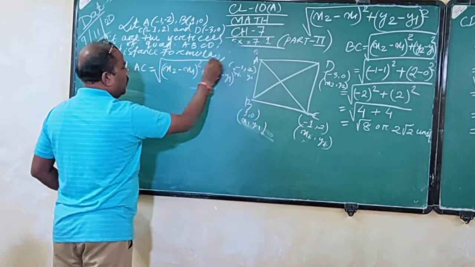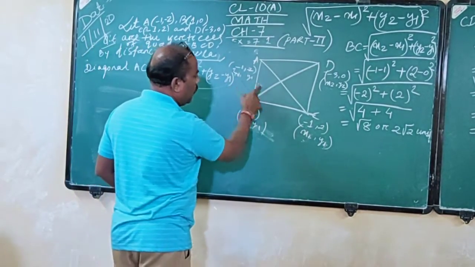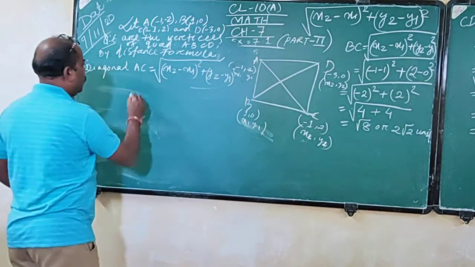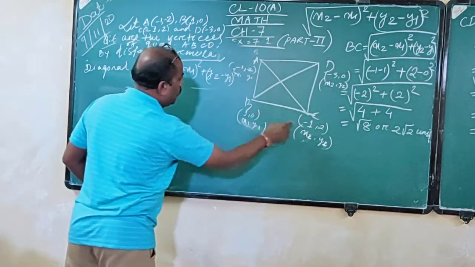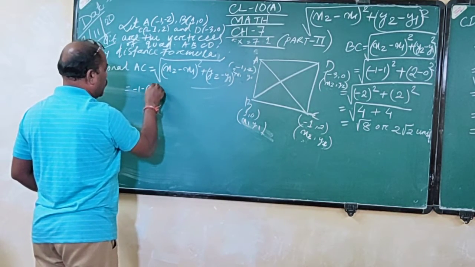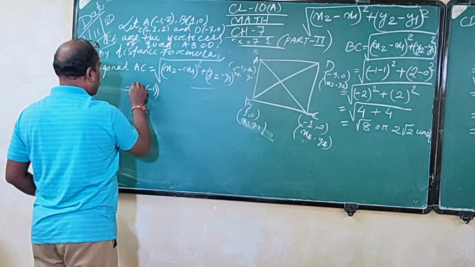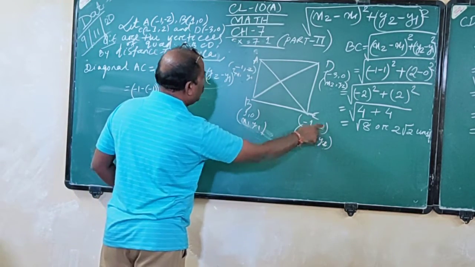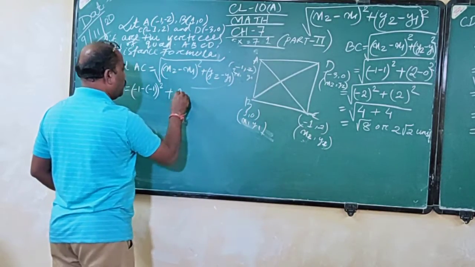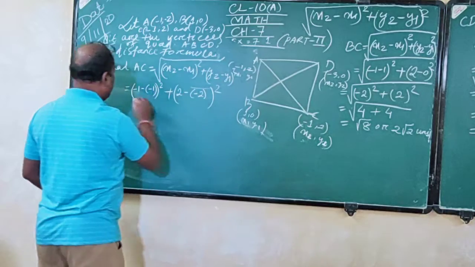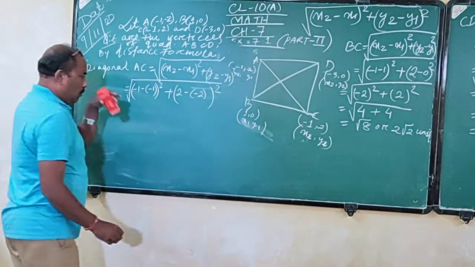For AC we can take x1, y1 here and x2, y2 here. So x2 is minus 1 minus 1, of minus 1 whole square, plus y2 minus y1, where y2 is 2 minus of minus 2. Placing the values correctly is very important for you.